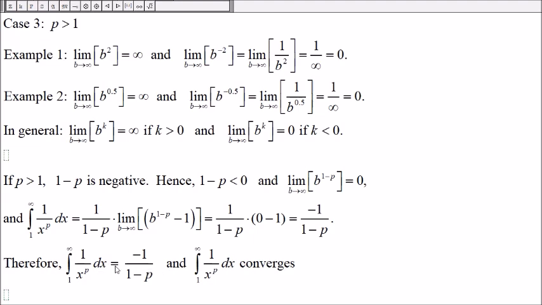And therefore this integral right here converges.